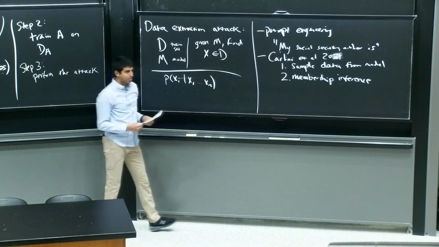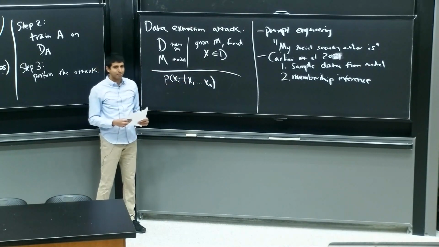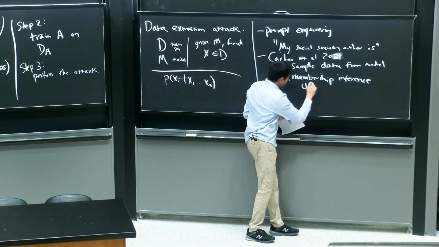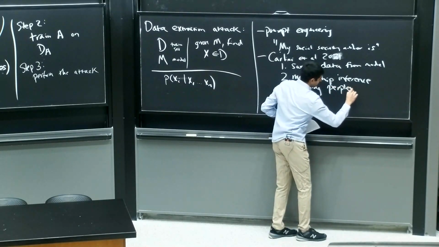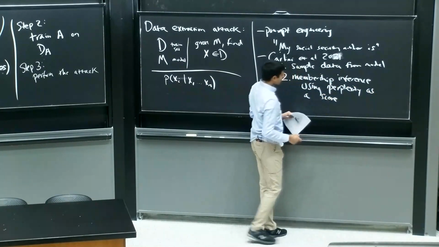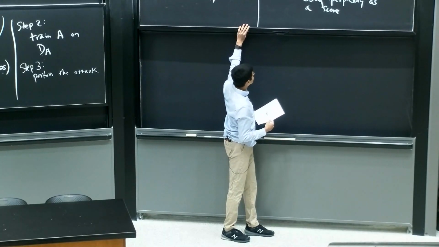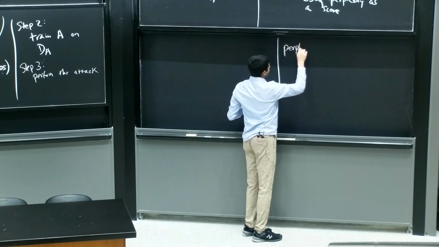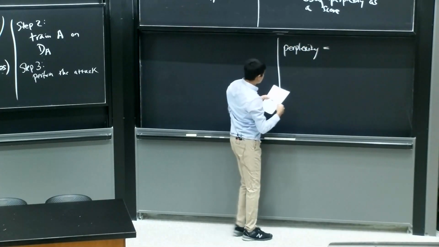Basically, you can use as a score the likelihood that the model would generate that particular sentence. This is called perplexity. You can actually write out the formula for that. This is what our language model is capable of producing.